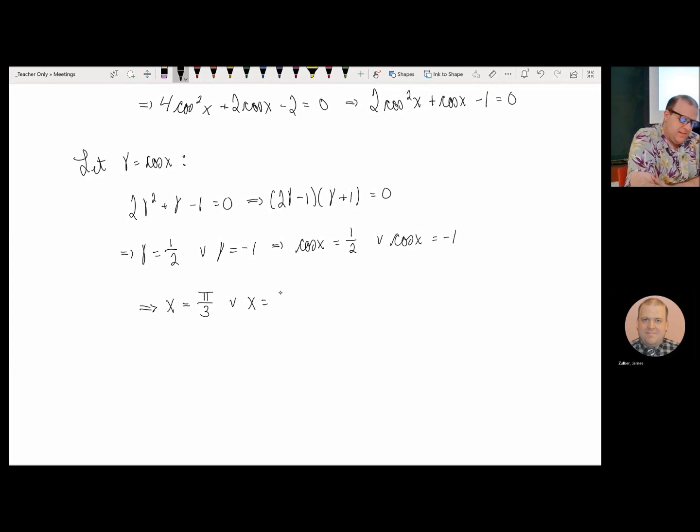Negative pi over 3, which would be 5 pi over 3. Right, or x is pi, because that's where cosine is -1.